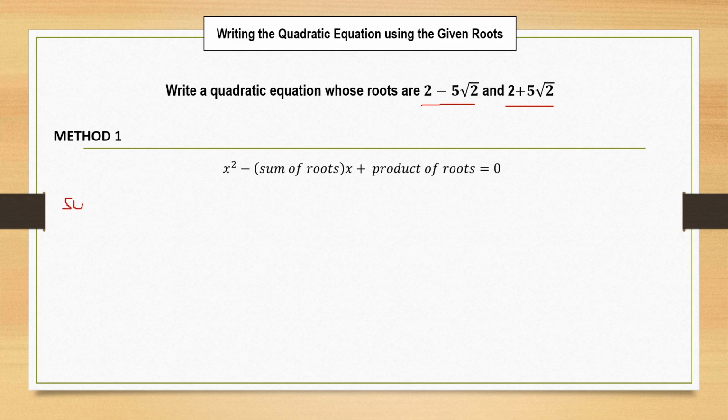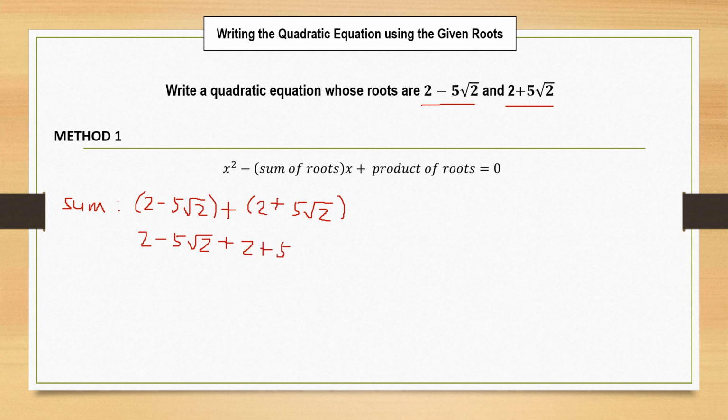First, let us find the sum of the given roots. So we have 2 minus 5 square root of 2 plus 2 plus 5 square root of 2.